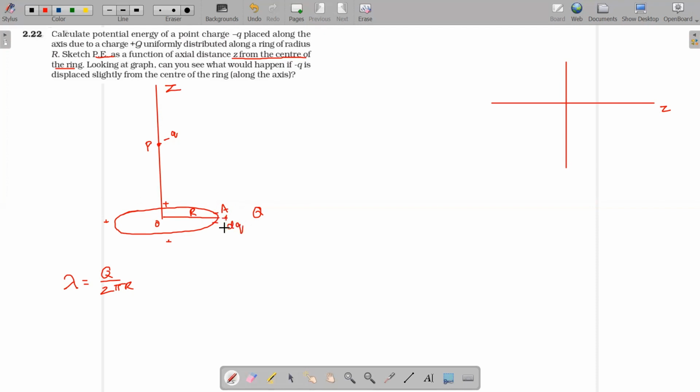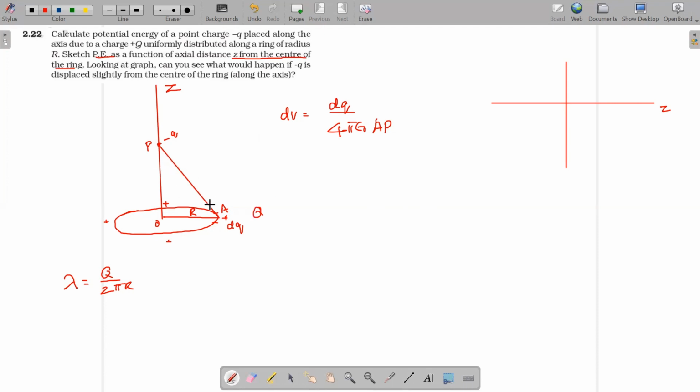We know the formula. The small potential at the point, let us take it as dV, due to the small element dq is dq divided by 4 pi epsilon naught into AP squared. So this is the potential at the point due to the distance AP. Now, what is AP?